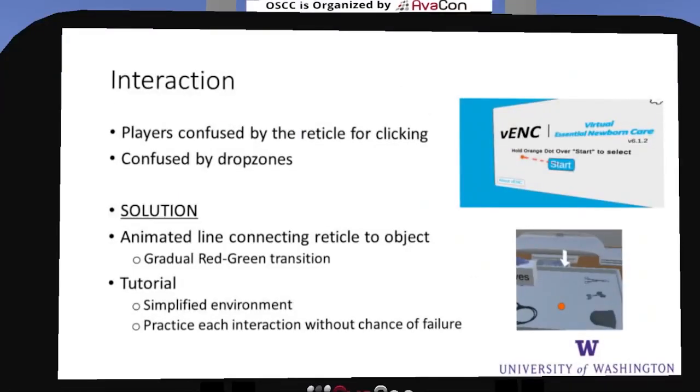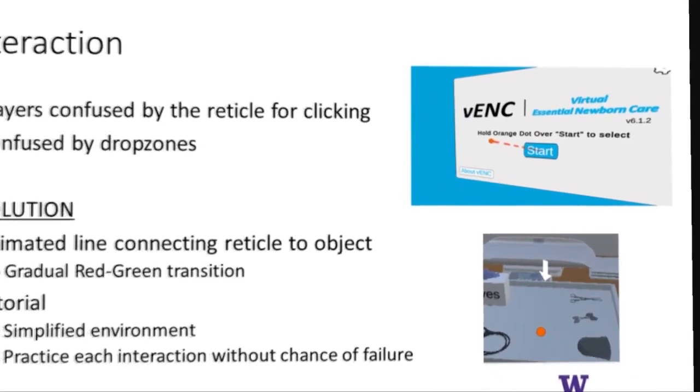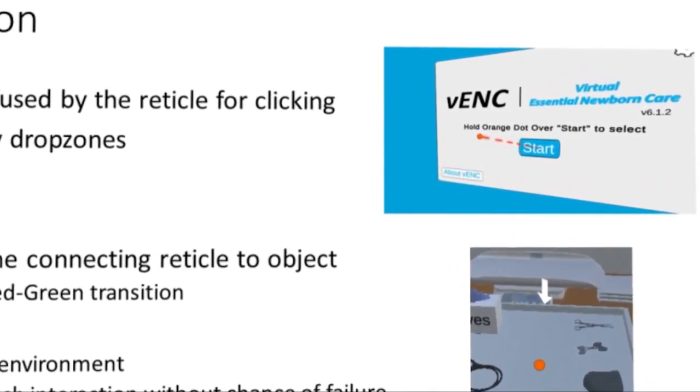Right off the bat, not every user, in fact, not most users, but enough users had trouble with even the core concept of holding a reticle over an object to interact with it. I don't know if you can read that picture, but it says hold the orange dot over start button to select. We thought that was going to be our intro, the first step of a tutorial to teach them that basic thing.